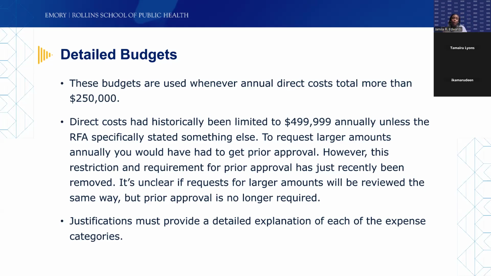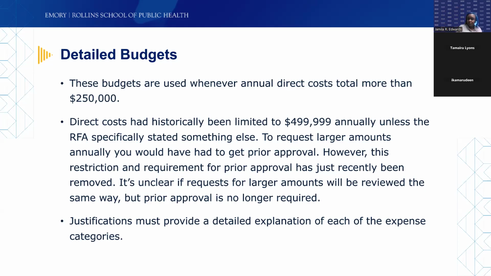And then to request larger amounts, you would have had to get prior approval. However, the NIH has released a notice that has said you do not have to request prior approval to have a budget with direct costs that exceed $500,000.